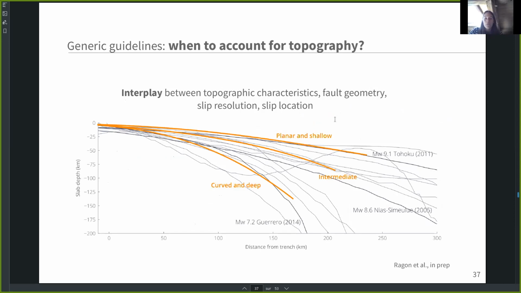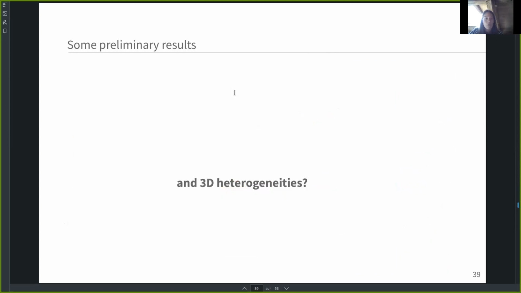The idea would be to provide some generic guidelines on when and where we need to account for topography, so that we can be certain whether topography is needed or not when we try to solve for coseismic slip. I wanted to show some preliminary results, but they are too preliminary, so we'll go towards the next part of this talk.